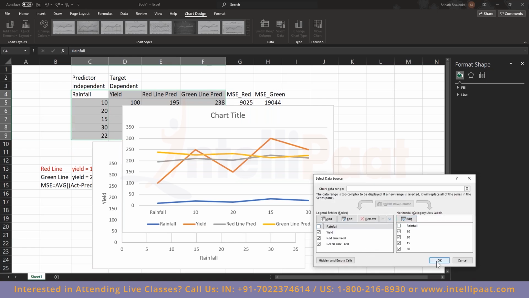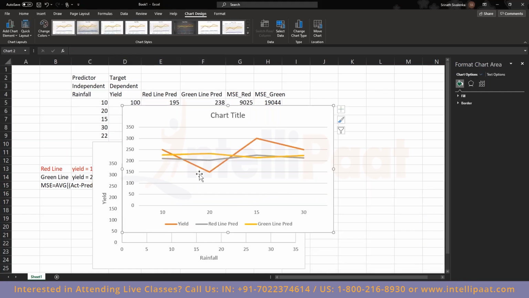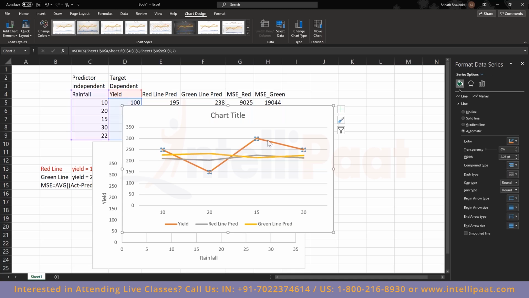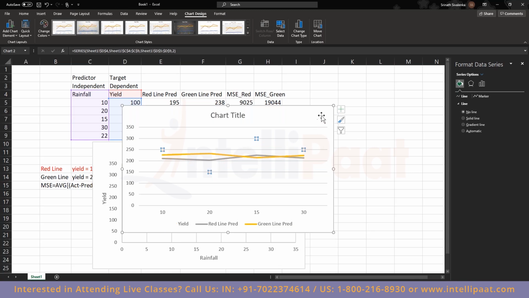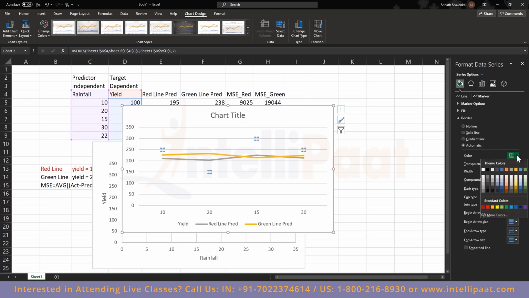And just remove this from here. Okay, so for different values, let me just change the chart type here. Just a second.